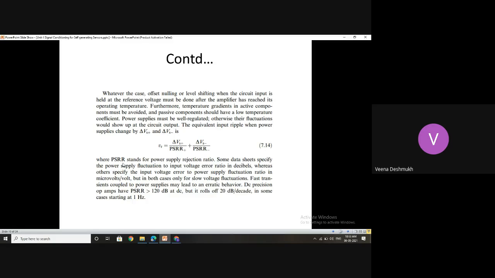Also, this varies with the frequency. So you have to check it over the range of frequencies which your application demands.